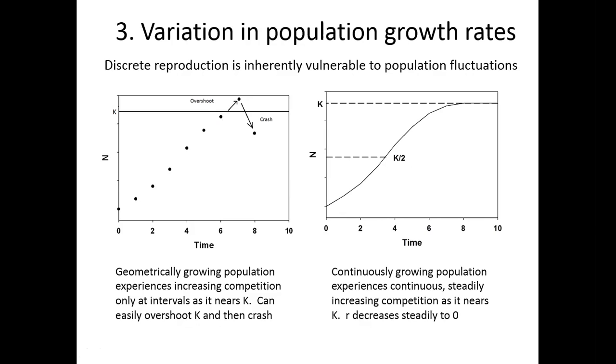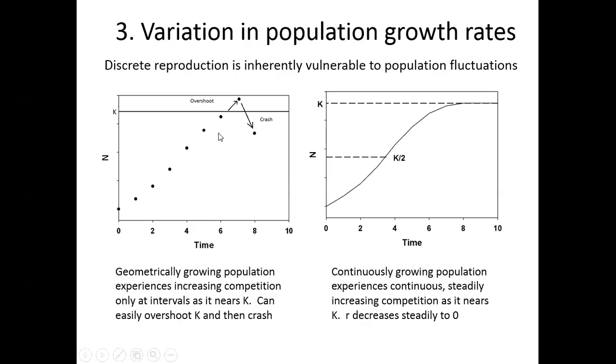So discretely reproducing populations are inherently vulnerable to overshoots and undershoots. It's much harder for exponentially growing populations to show this behavior, even though they do, and we'll explain why in a little bit. Okay, but let's say the competition is the controlling factor.